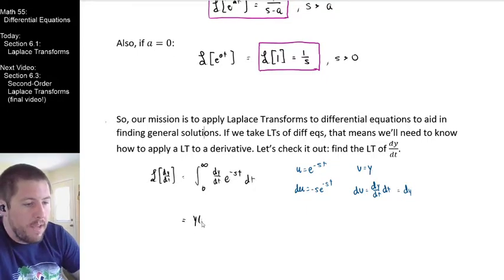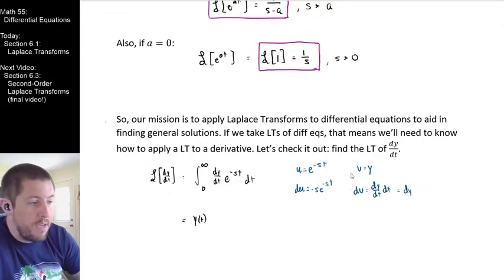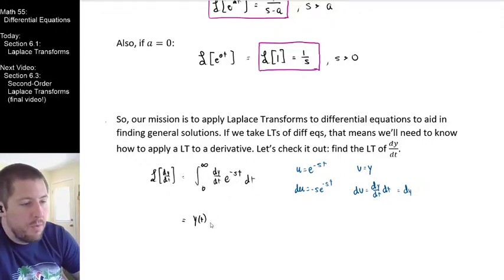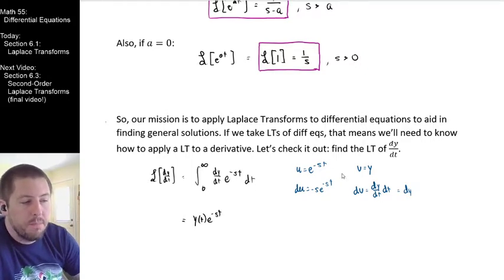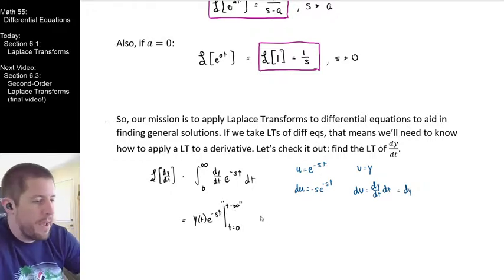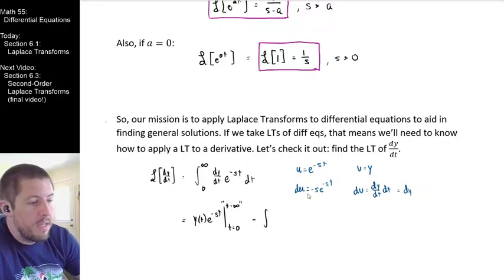So this is going to give me y of t, that's v, times u, which is e to the negative st. Remember that when we apply integration by parts to an integral that does have bounds, we are evaluating those bounds here. So this is going to be t equals 0 to t equals infinity. I'll put that in quotes because we should probably set up a limit statement that goes with that. Minus the integral of v du.